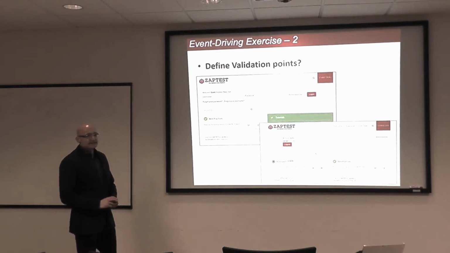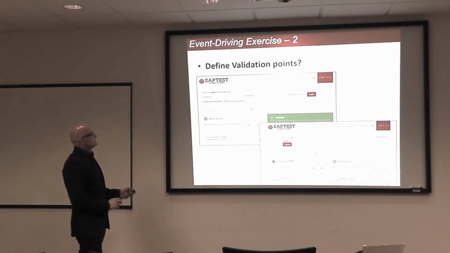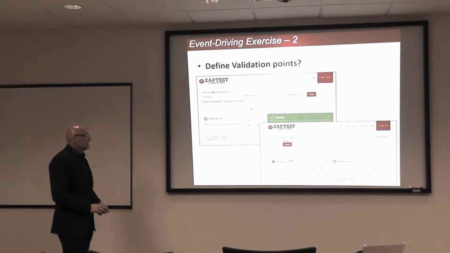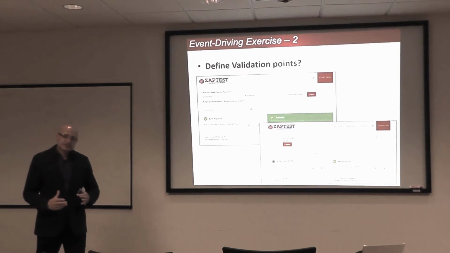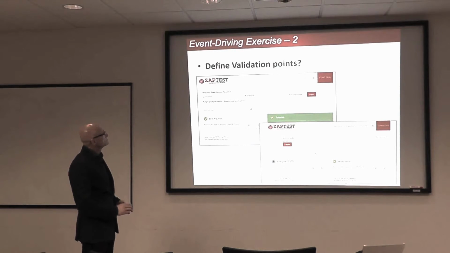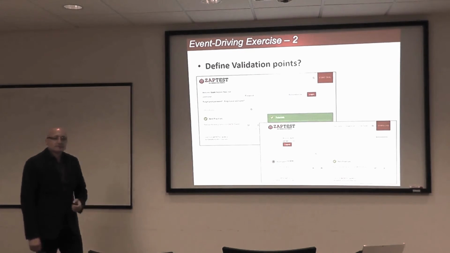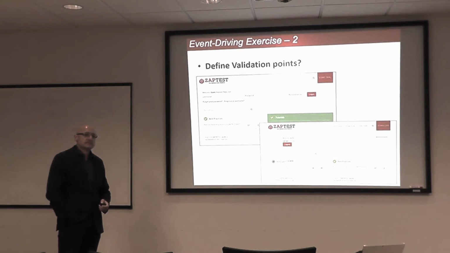Let's do another exercise. Define validation points. Here's the two scripts. When I'm going to design the script, what my validation point would be here? What would tell me that I triggered the event? Typing.